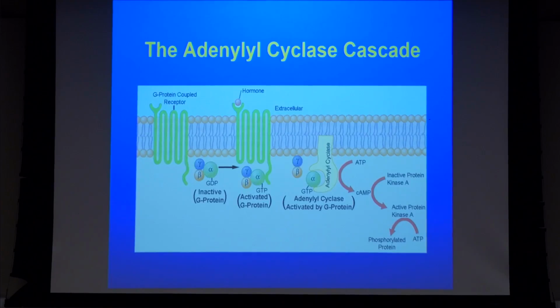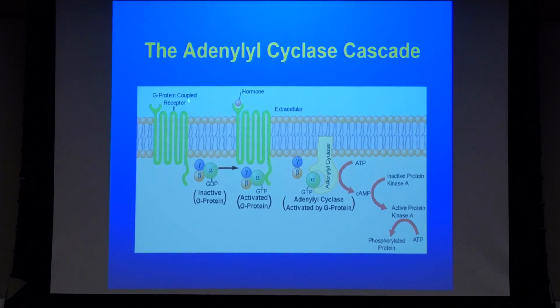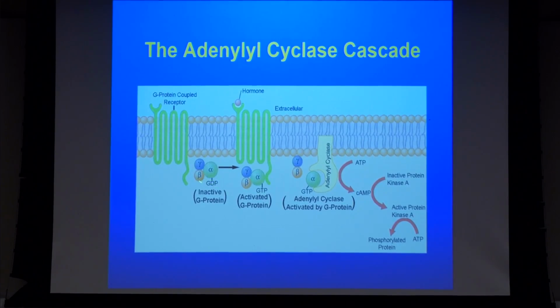Then this is a stylistic drawing of what I just put on the board. So let's try it again. So here's the 7-pass transmembrane protein receptor. We've glibly put in the alpha, beta, and gamma subunits. Often these are shown as being connected to the cytoplasmic leaflet because they contain fatty acids which tie them in to the phospholipid bilayer, but don't worry about that.